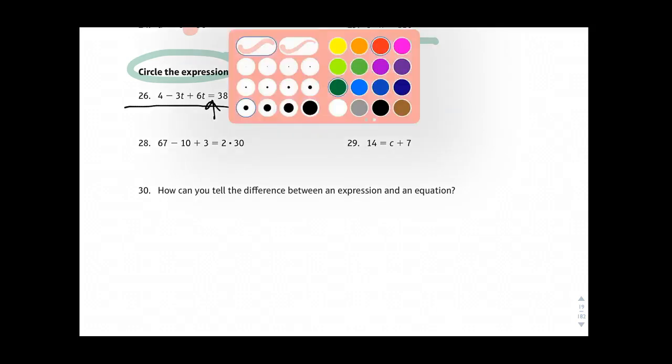So my thought process as I'm doing this is I'm looking for an equal sign. So I'm looking at 26 and I'm like, does it have an equal sign? It does. So I'm going to underline it. It's an equation.